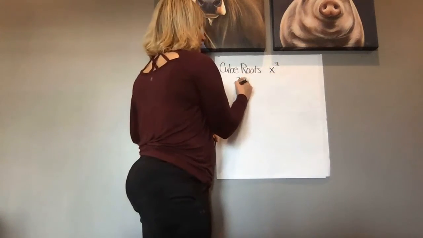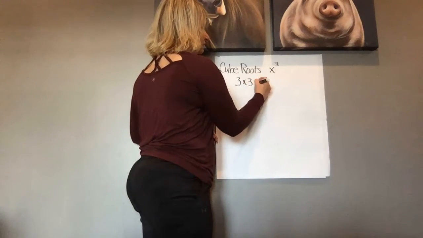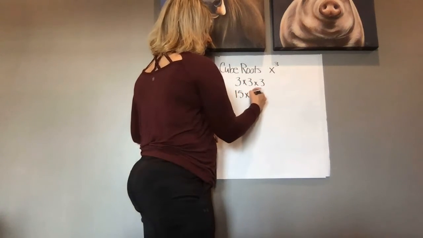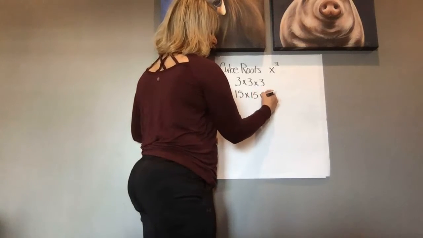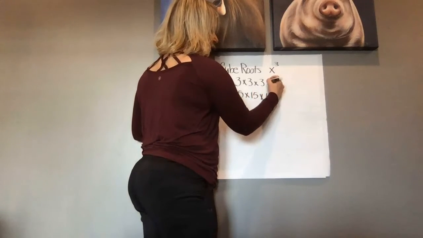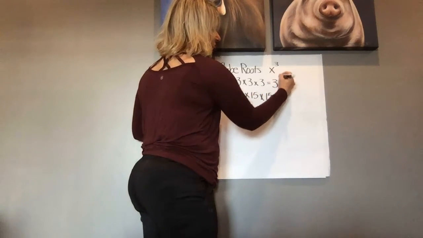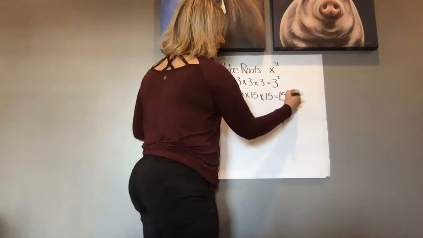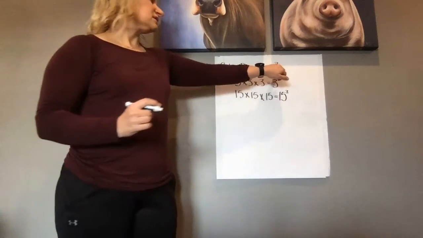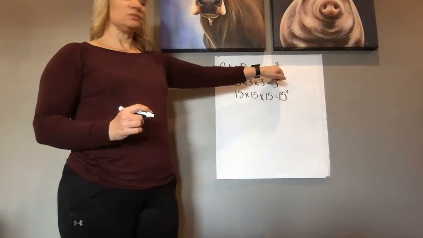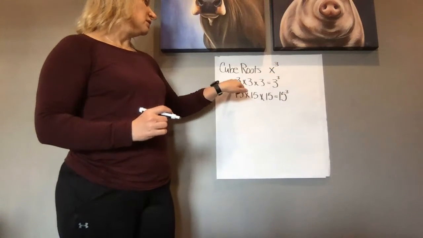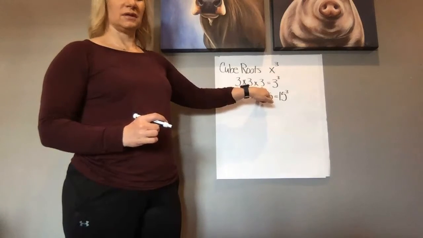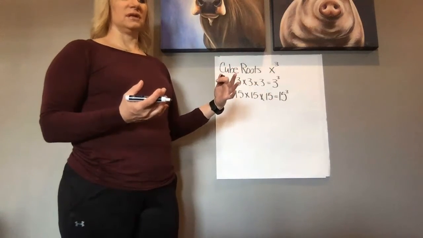So whether it's 3 times 3 times 3, or 15 times 15 times 15, then this equals 3 cubed. This would be 15 cubed, because this little superscript 3 means we have multiplied this number 3 times. So 3 times 3 times 3. Okay, so that's essentially what a cube root is.